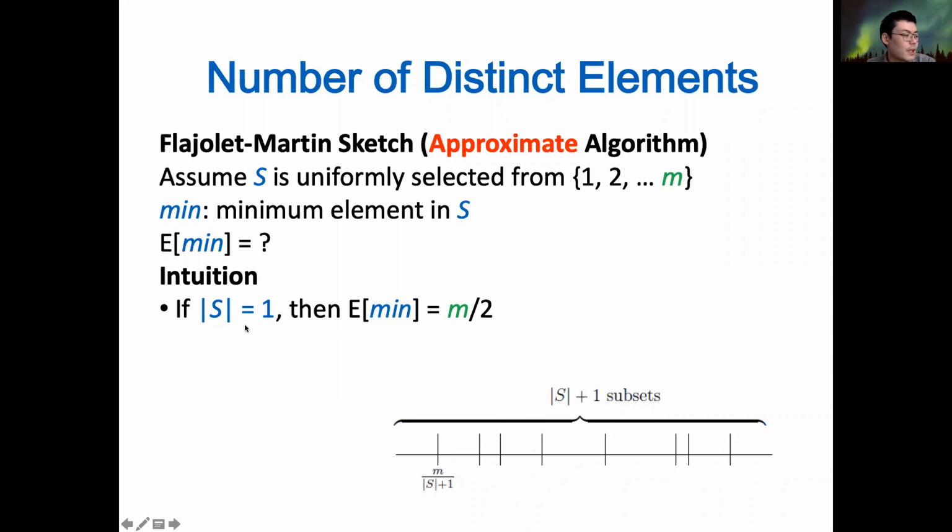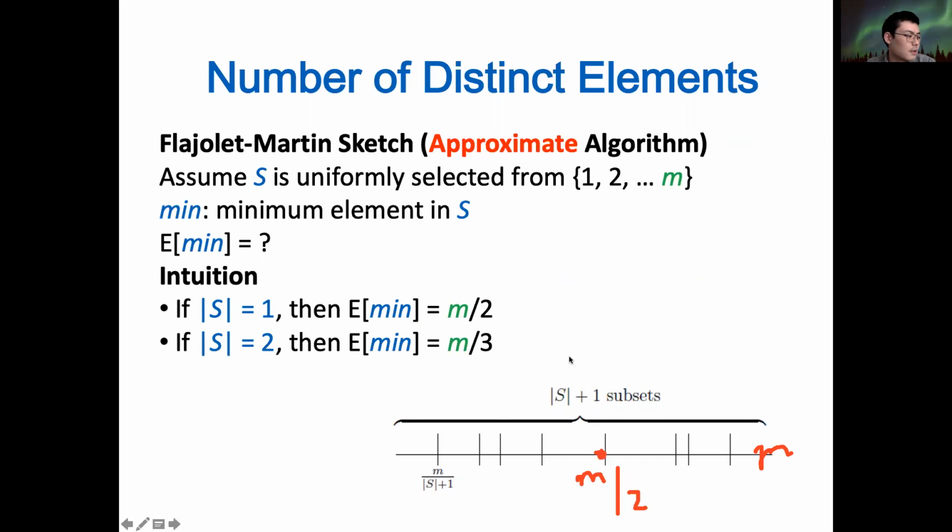For example, if you only have 1 sample and it's perfectly uniform among m items, then the 1 item is in the middle, of course m by 2. On the other hand, if you have 2 items, they should be evenly distributed. You have 1 item here, and 1 item here.